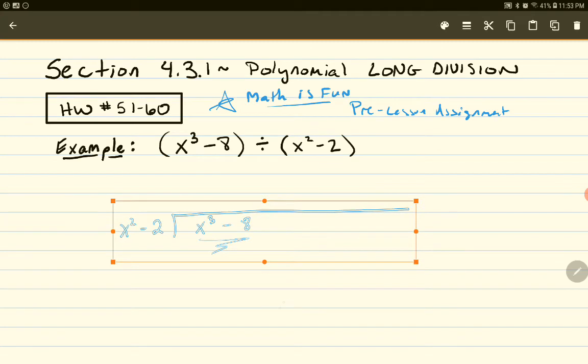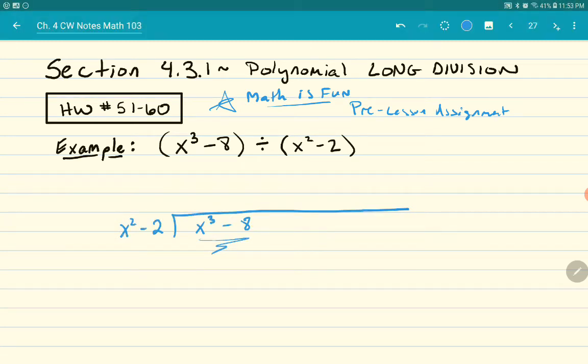So if I have a third degree polynomial, then I want an x cubed, x squared, x, and a constant. It's going to have 4 terms. So I'm actually going to rewrite this guy. Instead of x cubed minus 8, I'm going to do x cubed plus 0x squared plus 0x, and then the constant is minus 8.